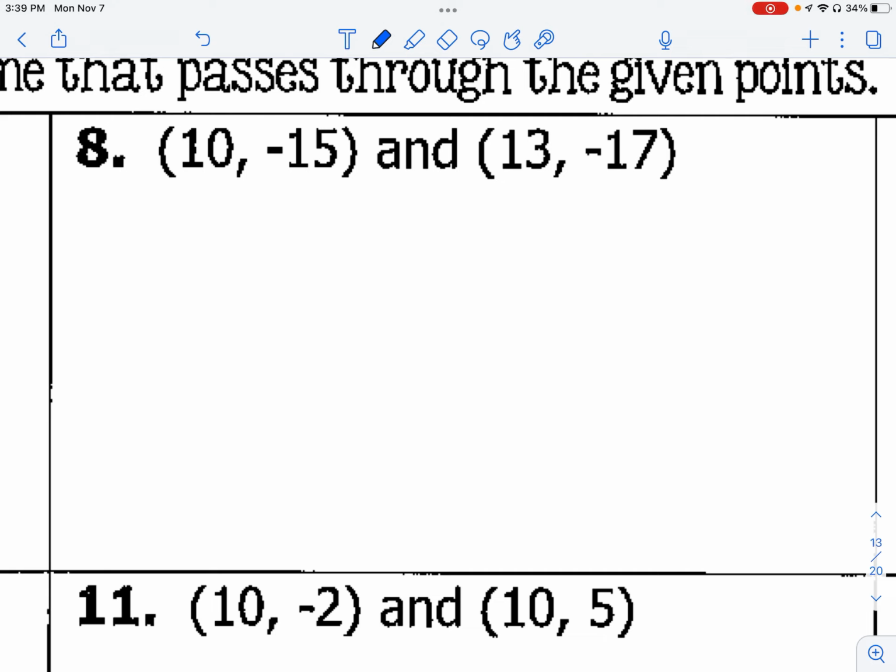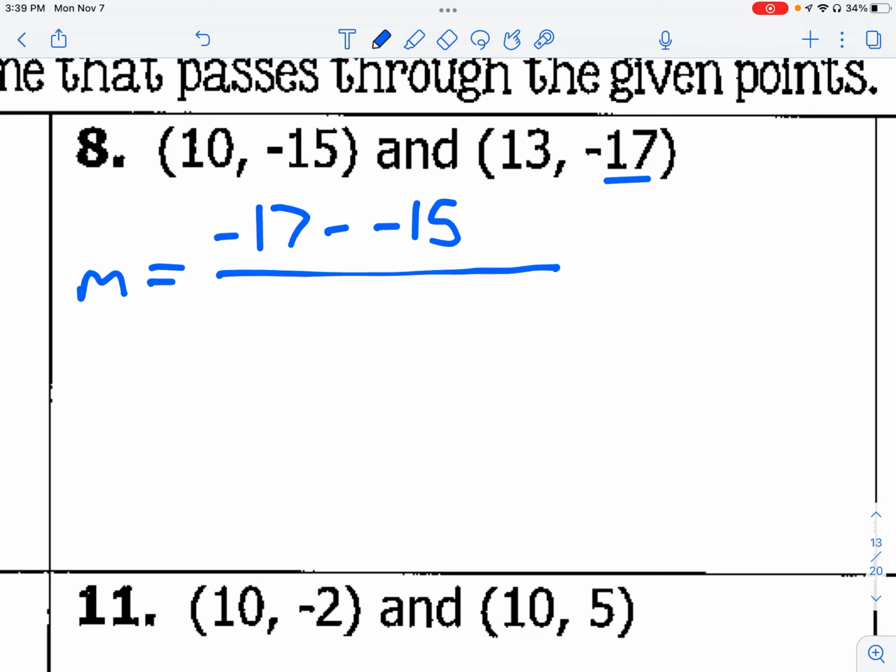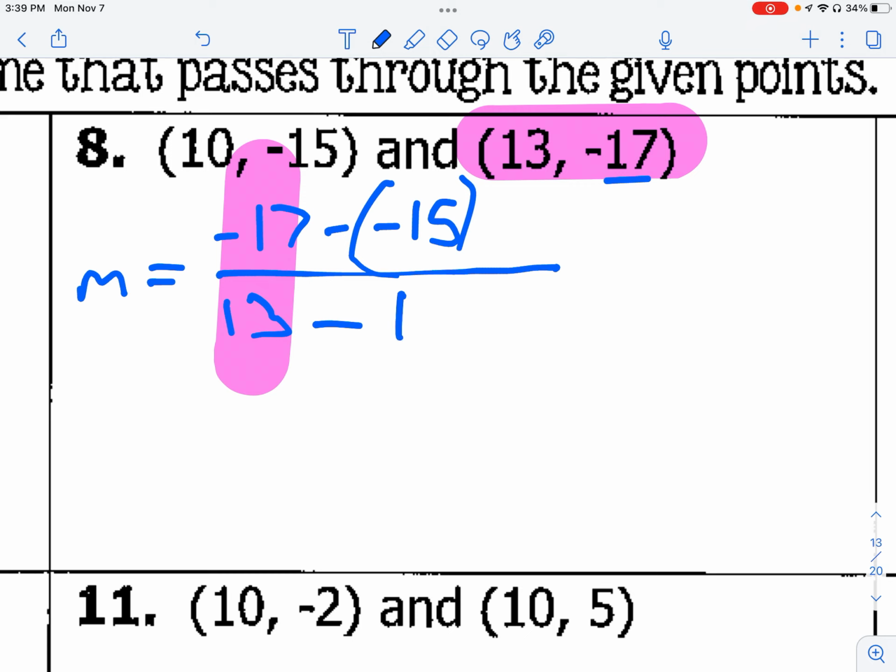All right, let's see what we got here. We got m equals -17 minus a -15. Then we got 13 minus 10.